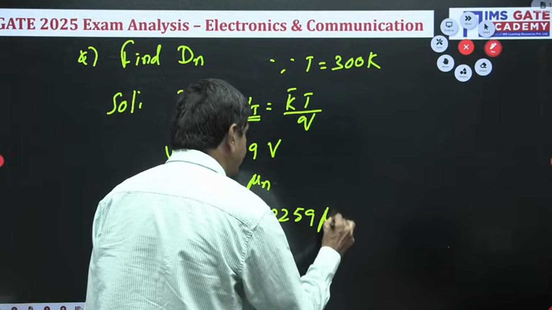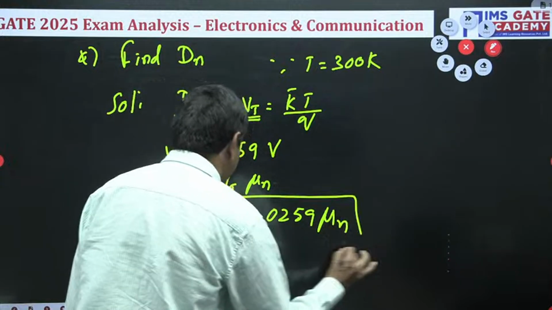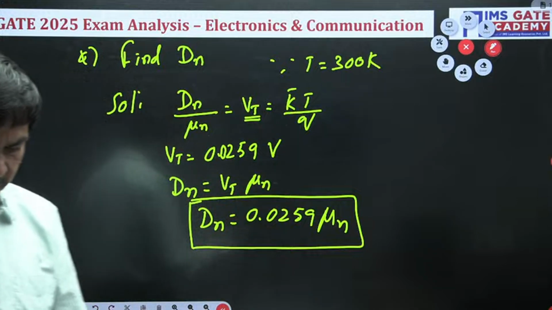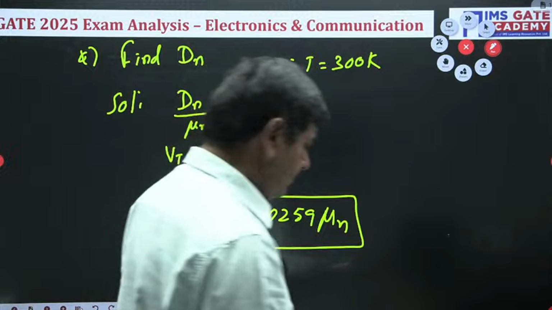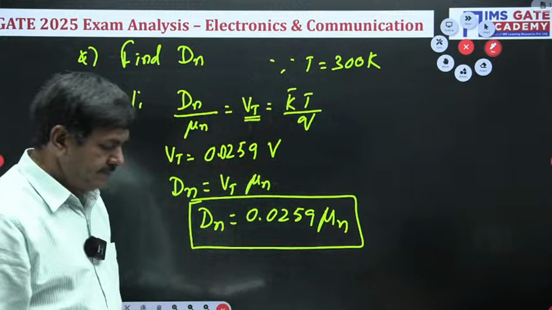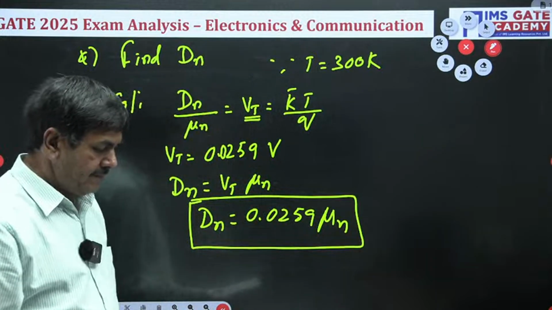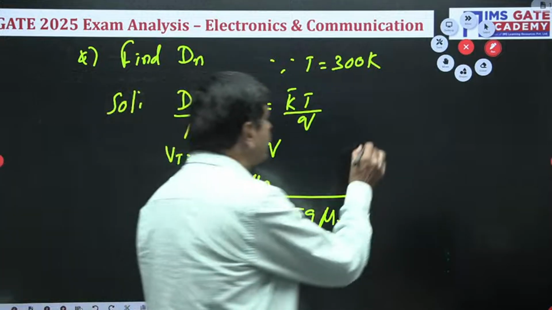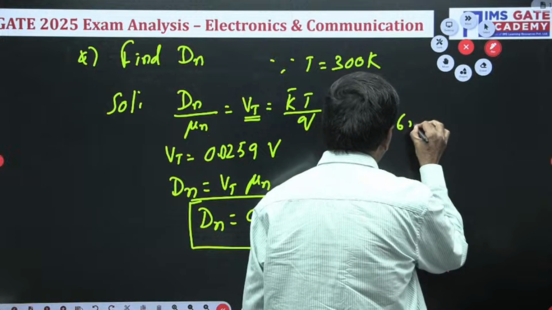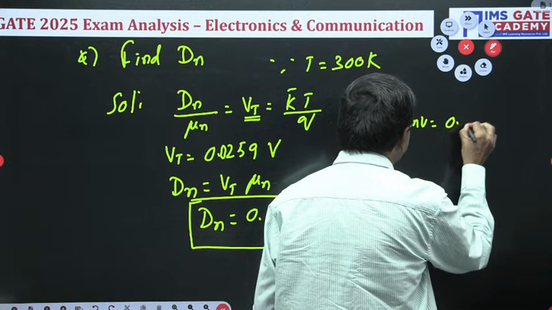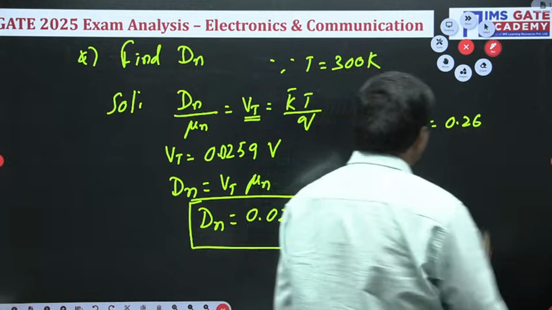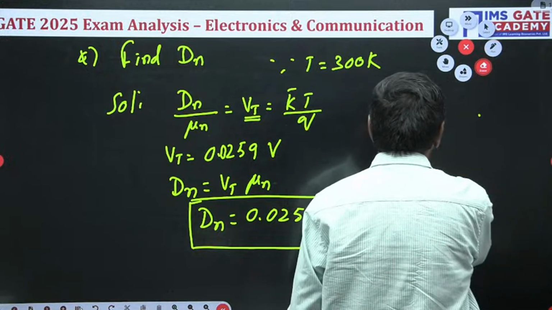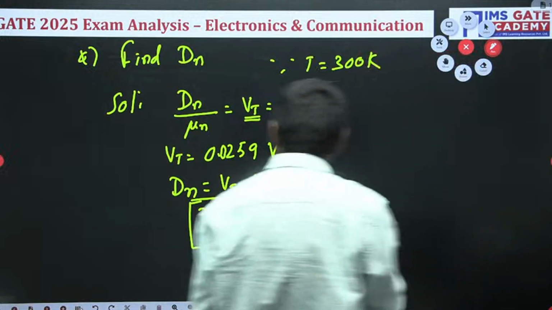That is the value of Dn. Please watch out: 26 millivolts is 0.026, sorry, not 0.26. Yes, 0.026 is possible.